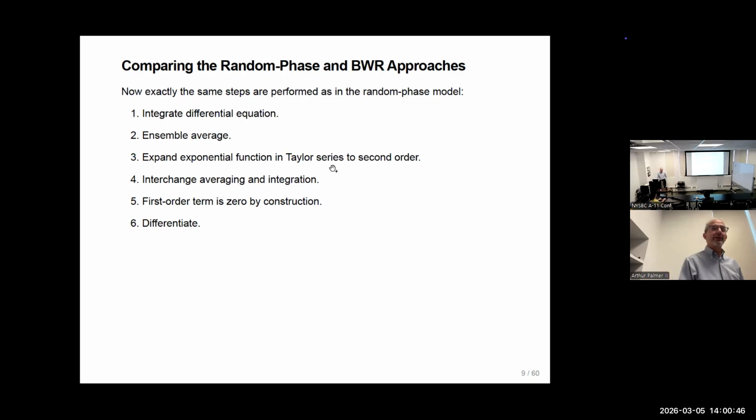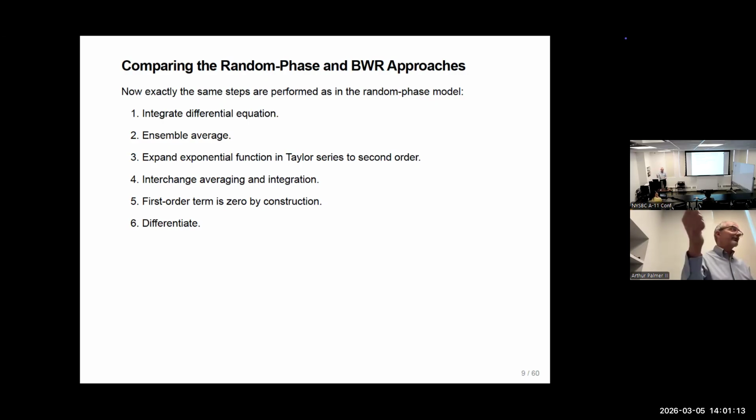So what did we do? We integrated the differential equation. We took an ensemble average. We expanded the exponential in Taylor series to second order, arguing that in the fast limit, the higher terms in the Taylor series would be negligible. We interchanged averaging and integration because they commute with each other.